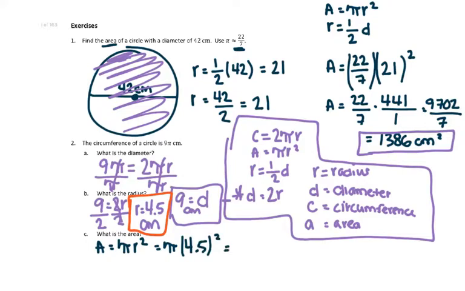So I'm going to write my area in 2 ways. I could write my area simply as, well, 4.5 times 4.5 is 20.25. So I could leave my answer as 20.25 pi centimeters squared, or I could actually multiply 20.25 by pi.